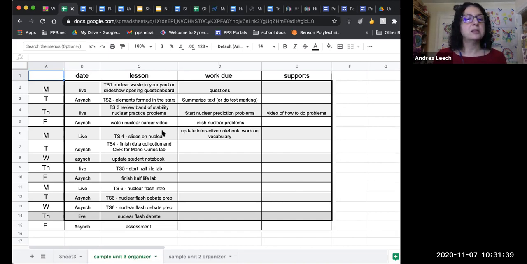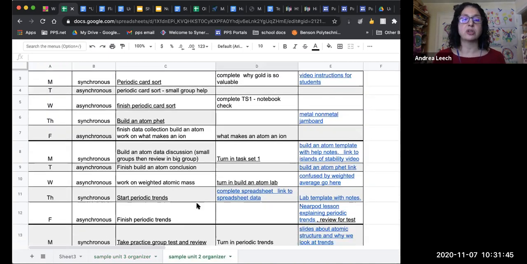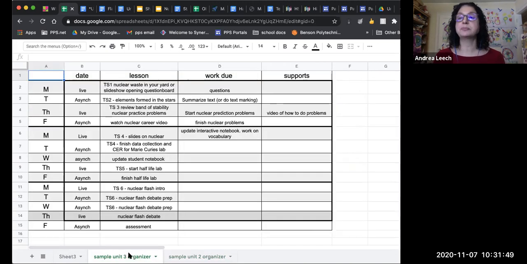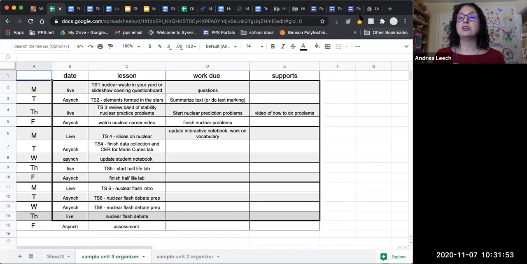There was a request in the last webinar to also show my Unit 2 one, because some people are still doing Unit 2 or have just started it. So I have that one linked in here as well if you're interested. I'll go ahead and drop the link to the spreadsheet in the chat so that you can have a sense of what that looks like. I'm going to stop sharing for a moment while I do that.